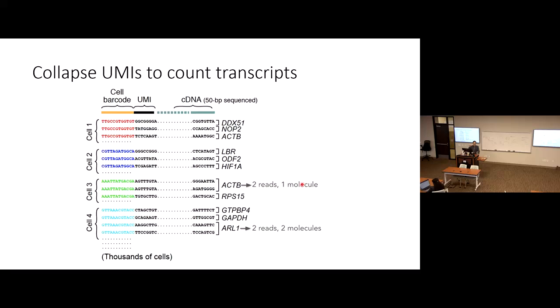So we only count 1 for this gene. It's different from this: in cell 4, same gene, but they have different UMIs, labeling different molecules, distinct transcripts. So all those are from the same gene. That's a biological copy of that. It's not created by PCR amplification duplication.